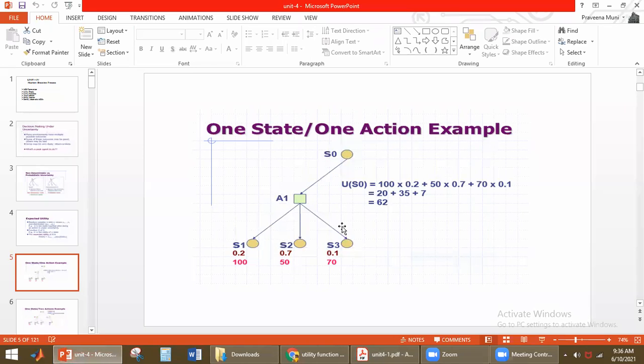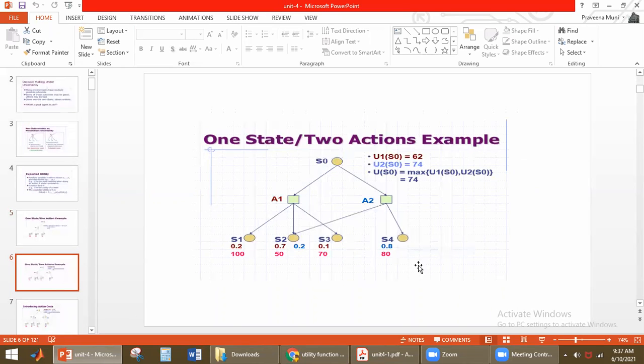See this slide, all of you. We have S naught, which is the initial state. So we are performing different actions on S naught. If you perform action A1, these are the three outcomes. If you perform action A2, what are the outcomes we'll be getting? We are getting only two outcomes, S2 and S4.